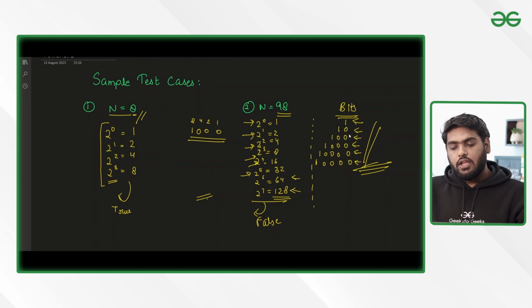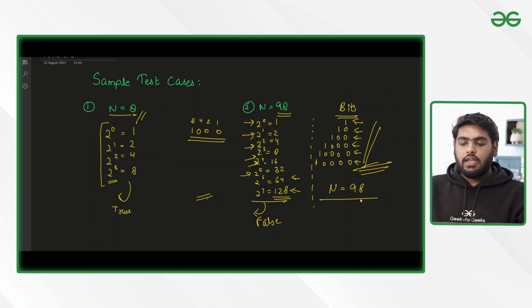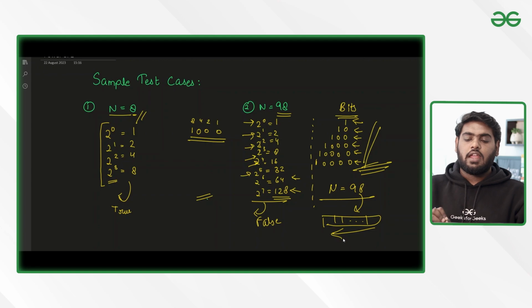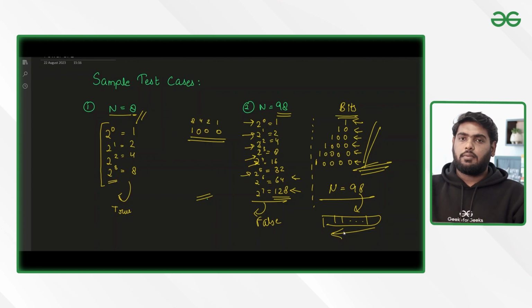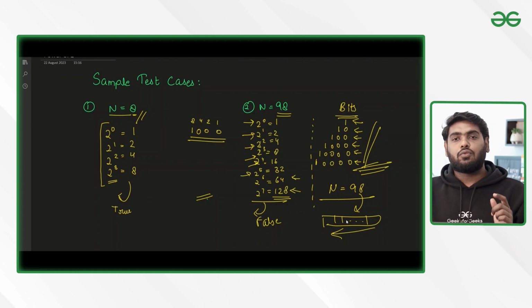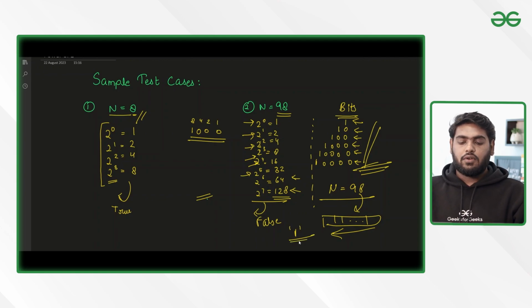So if we are given a number, let's say 98, we can convert it to its binary representation with some ones and zeros, and then check if it has only one set bit. Whatever number we are given, we just have to figure out how many ones it has. If it has only one single set bit, we have to return true.